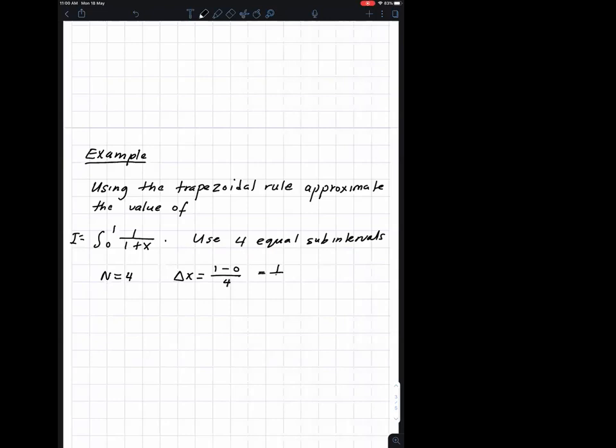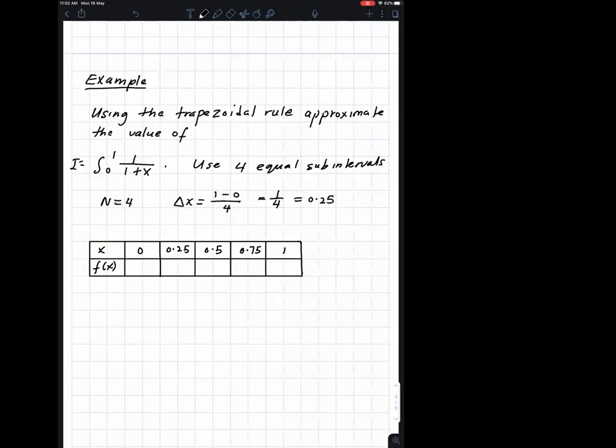It is 1 over 4, 0.25. Okay, you start at 0, and then you add 0.25, and then add 0.25 each time.